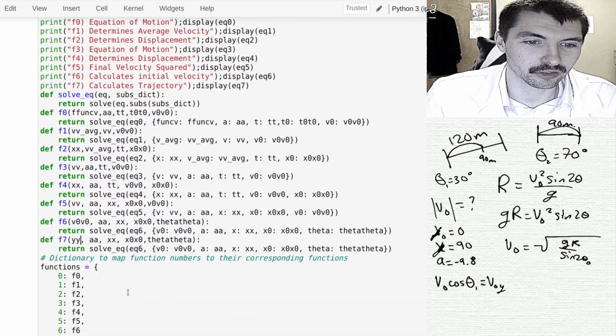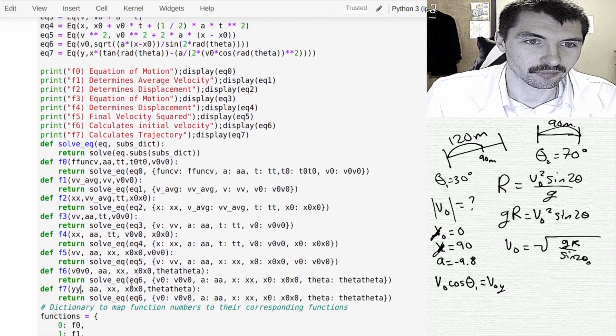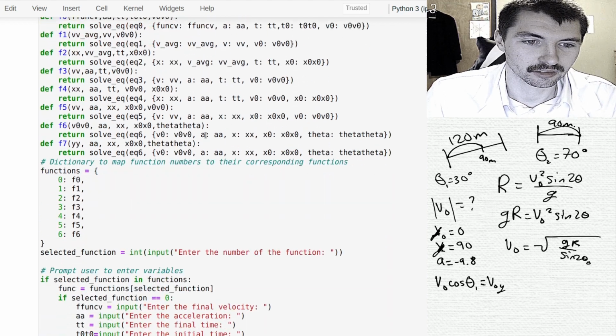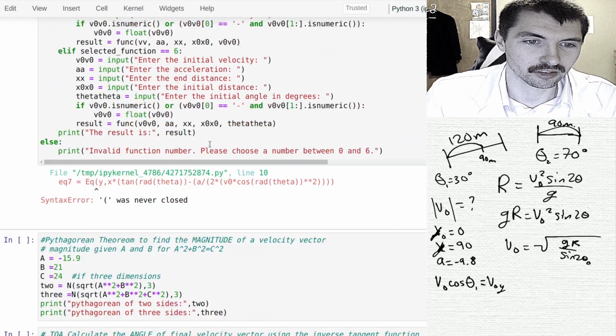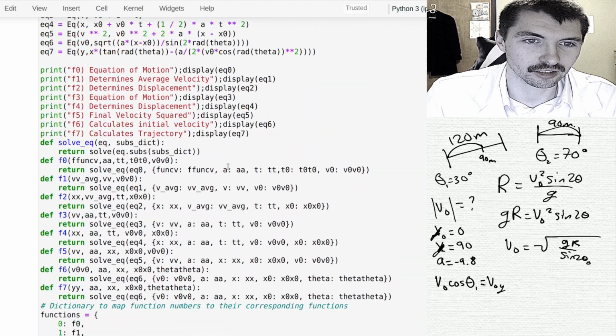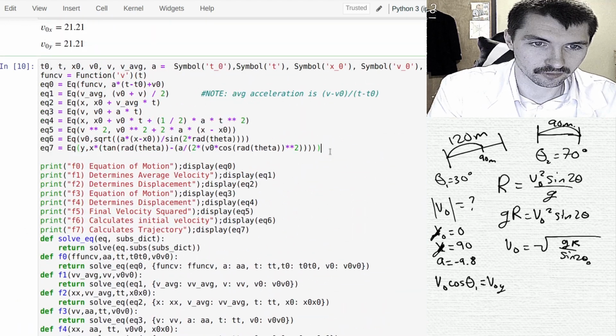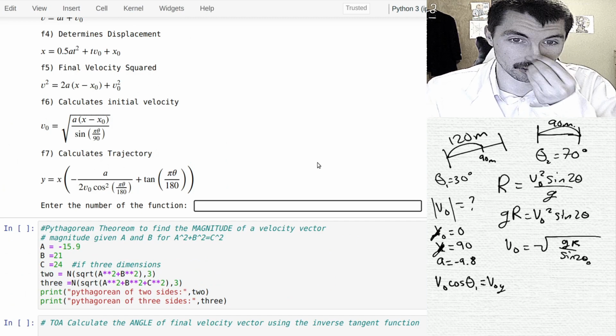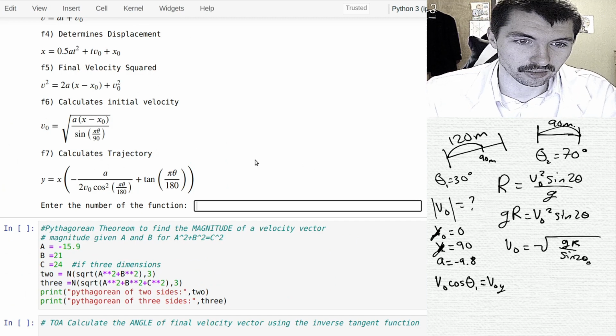Okay, I guess we're calling this yy. Let me see if it displays right. Okay, so that is our equation, I think.